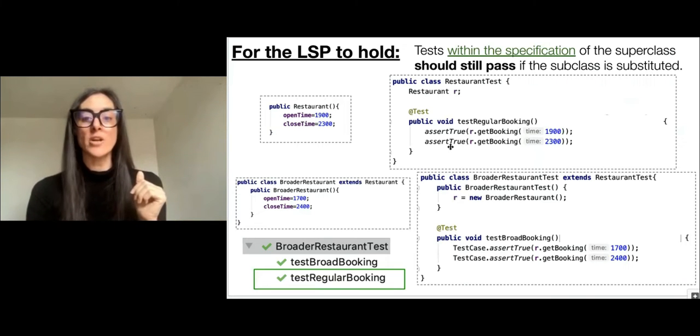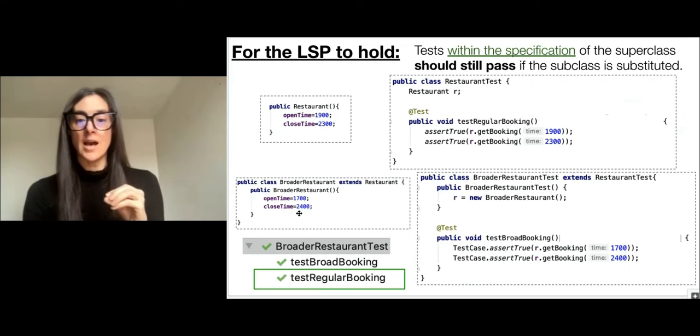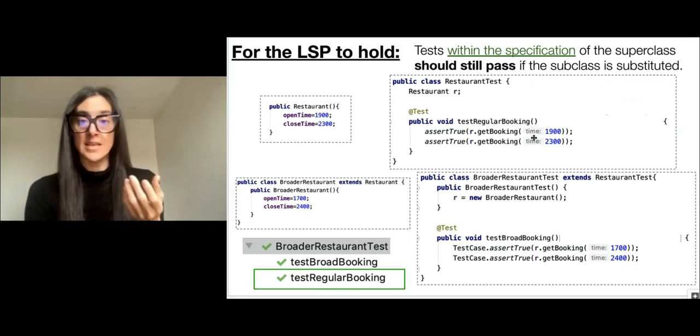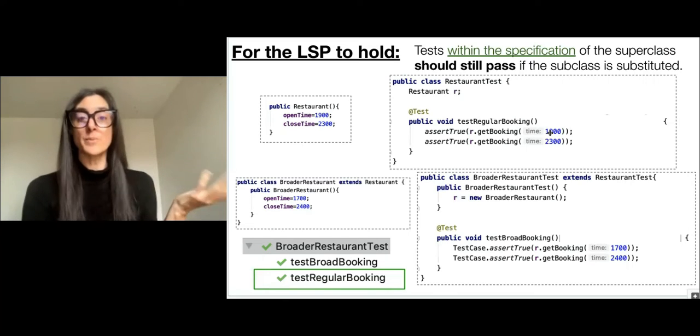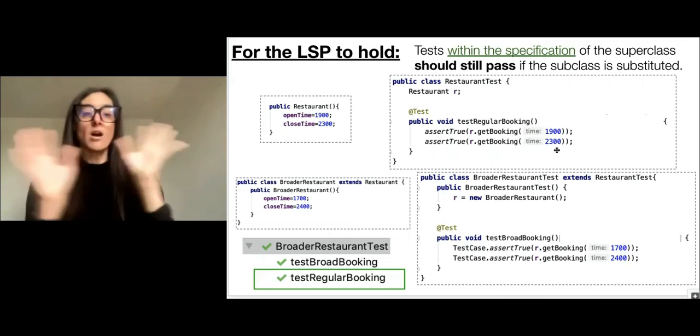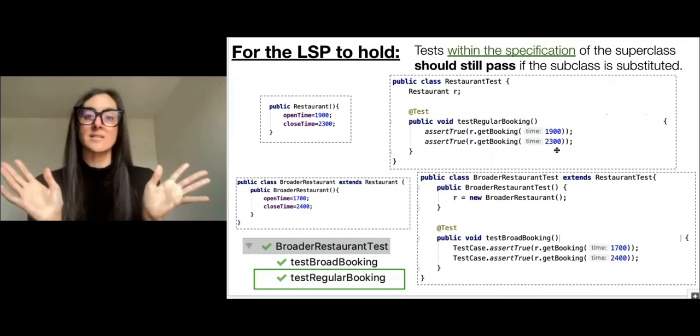When we run our restaurant test on the broader restaurant, will this one pass? Will we be able to get a booking at 1900 hours? What do you folks think? Yeah, we'll be able to get a booking at 1900 hours. Will we be able to get a booking at 2300 hours? Yeah, we will. Great. So our restaurant regular booking test passes.